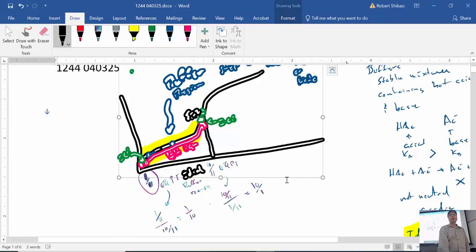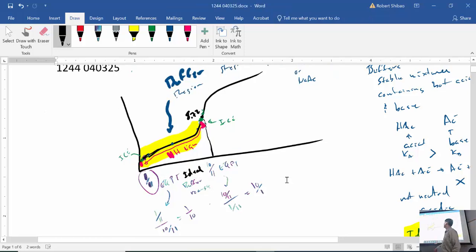Okay, the next calculation is in the excess base region. Very close to the equivalence point, kW is going to be the most significant contributor to the hydroxide, because we have so little excess sodium hydroxide.